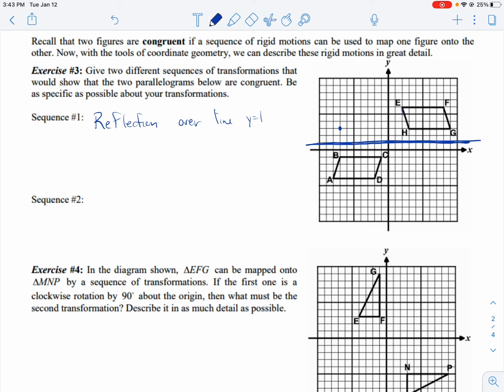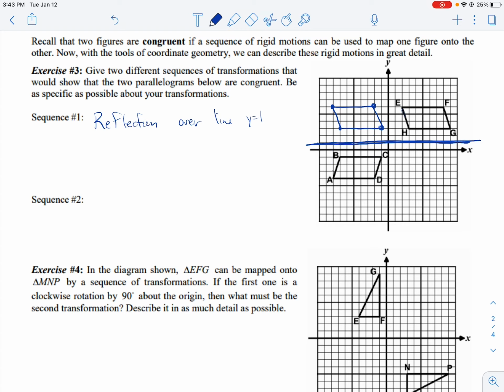This is 1, 2, 3, 4, 5. 1, 2, 3, 4, 5. So there's our new image: A prime, B prime, C prime, D prime.